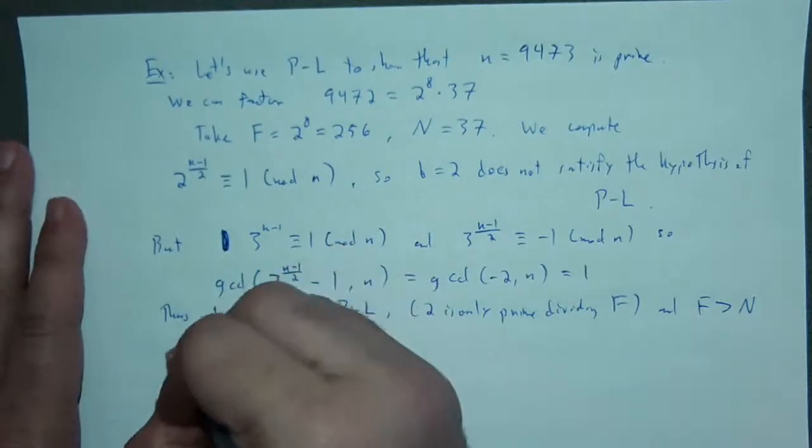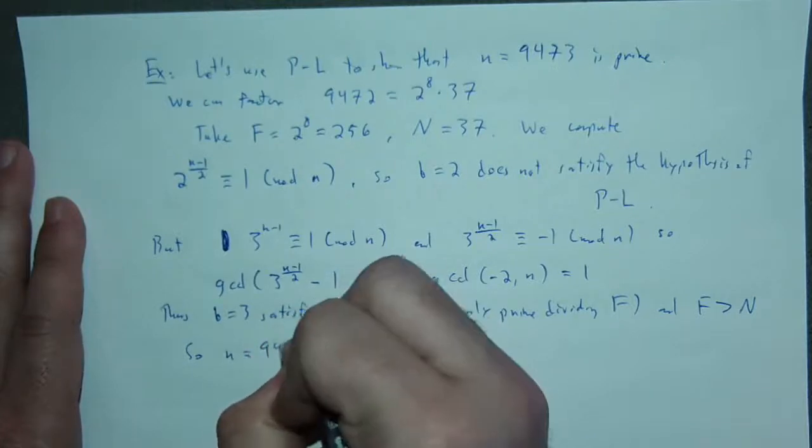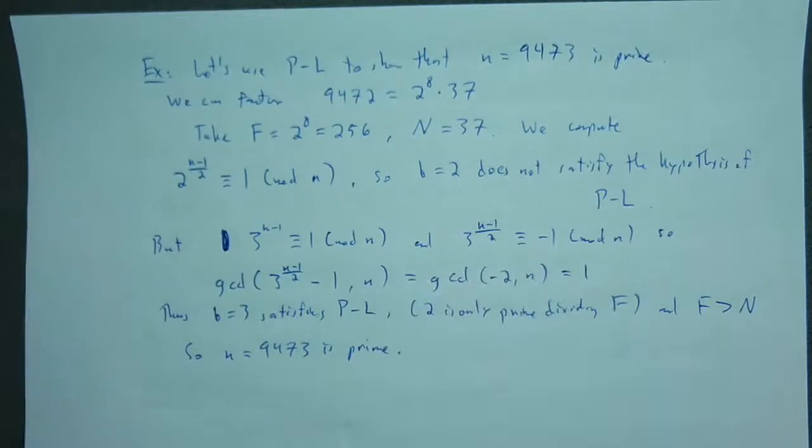So little n, which is 9,473, is prime. So that's one way of doing it.